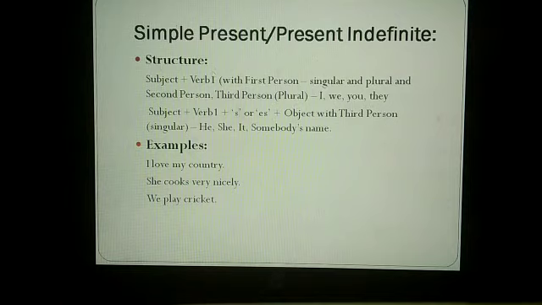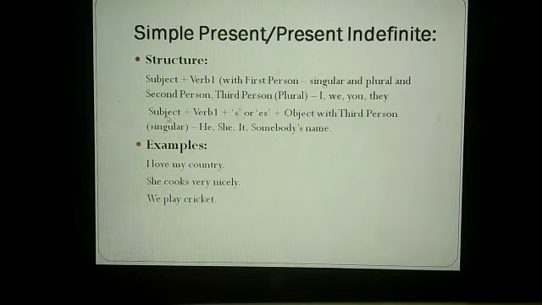V1 is used with I, we, you and they. And we use V1 plus S or ES with third person singular: he, she, it and somebody's name.